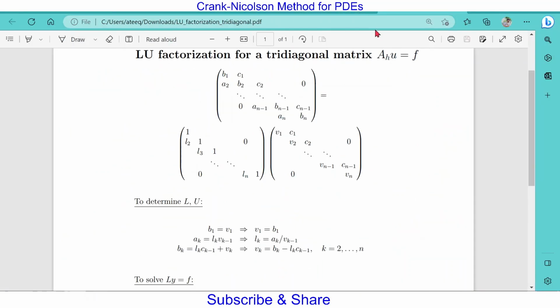So U's first value is B1. Let's determine the dimension of L and U first. If I want to compute these L and U values, all L2, L3 up to Ln and V1, V2 up to Vn: the dimension of the A matrix was n minus 2, n minus 2.